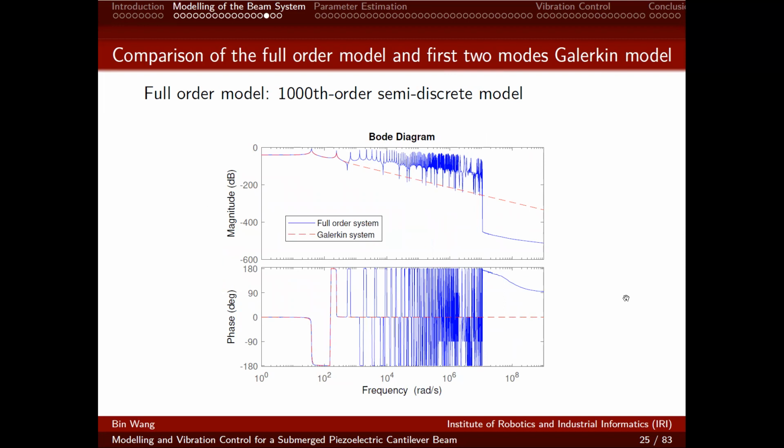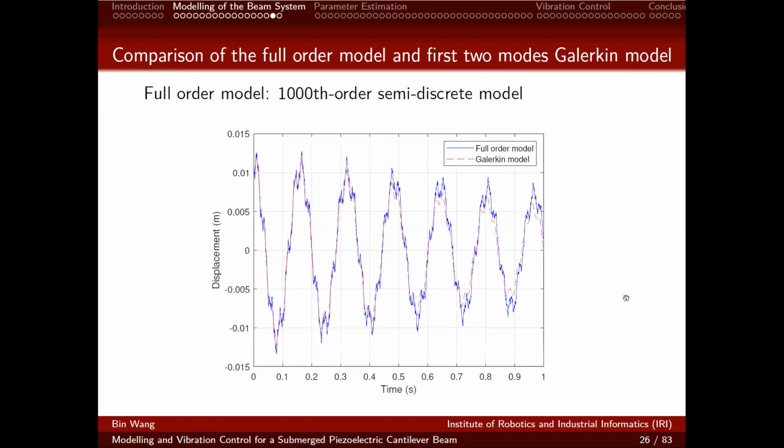With this two mode Galerkin model, we have compared the output in the time domain also. We can see the two harmonics can describe most of the dynamics of the beam system.